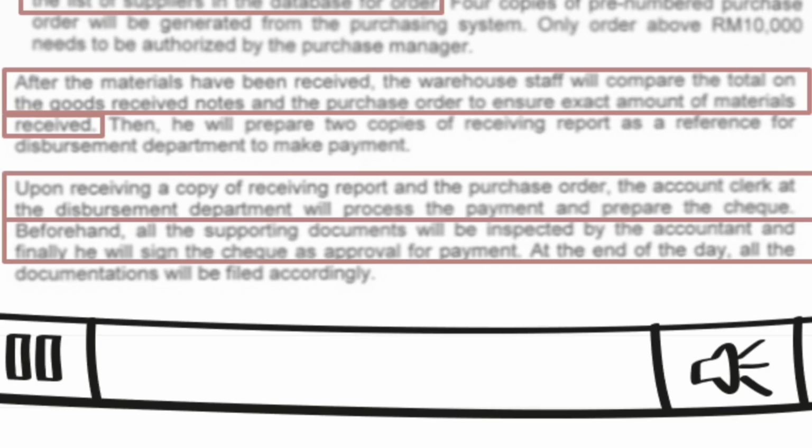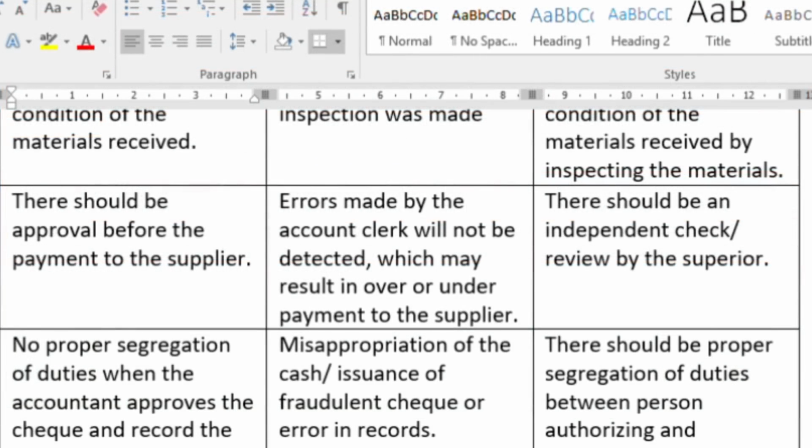So there was no approval on this part, so this can result in errors made by the account clerk not being detected, which may result in over or underpayment to the supplier. So what we can do to avoid this is there should be an independent check or review by the superior.